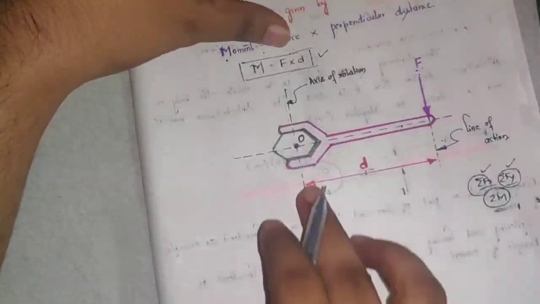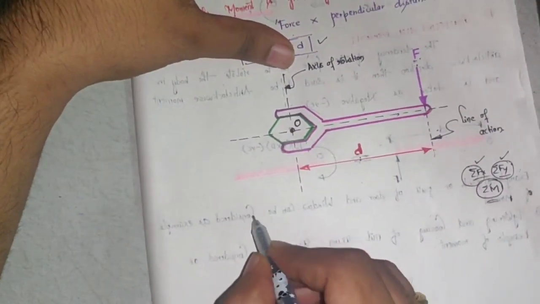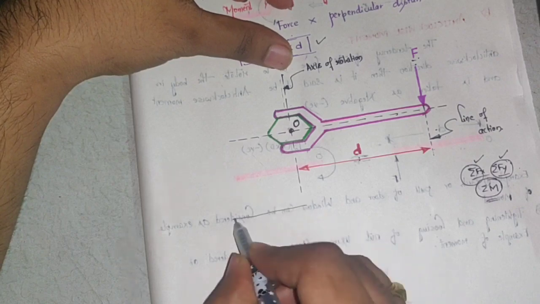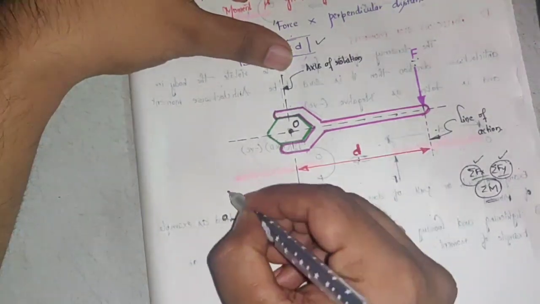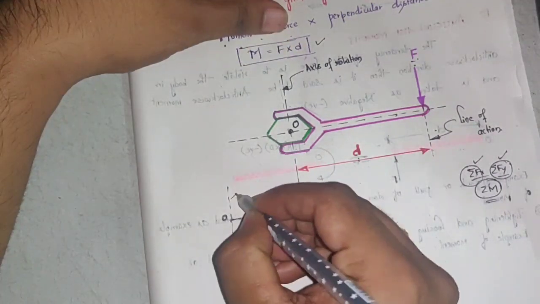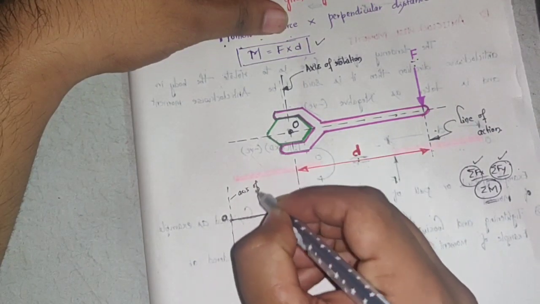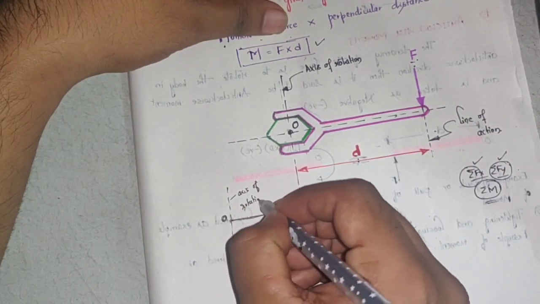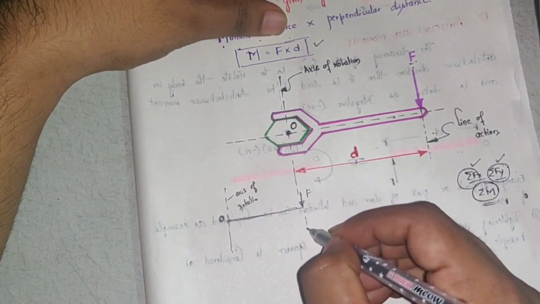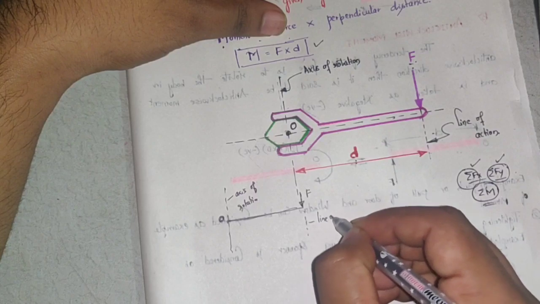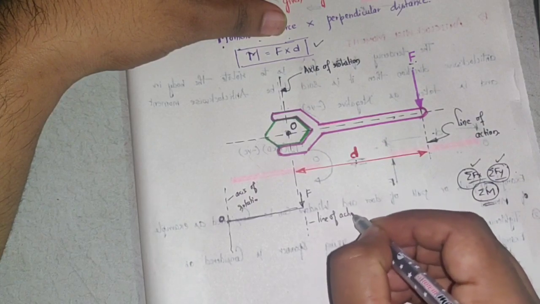If I draw the free body diagram of the spanner, this is point O, the axis of rotation. I have applied force here, this is the line of action.